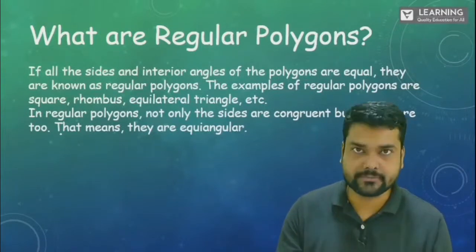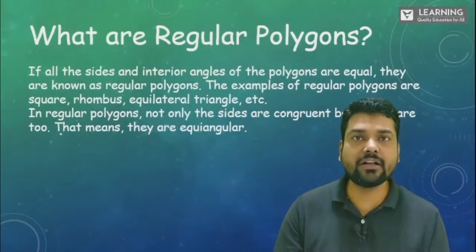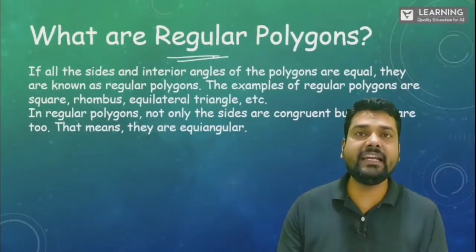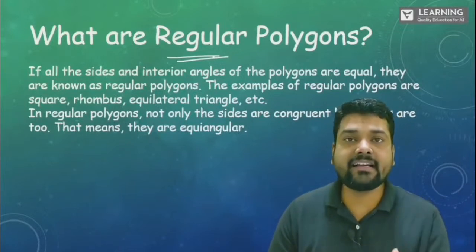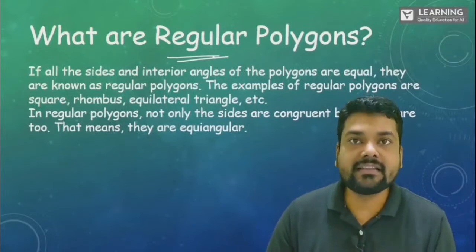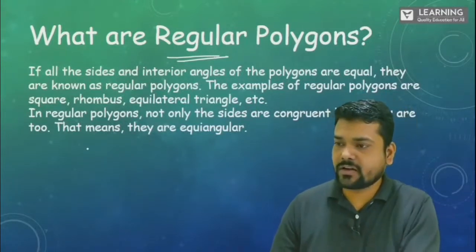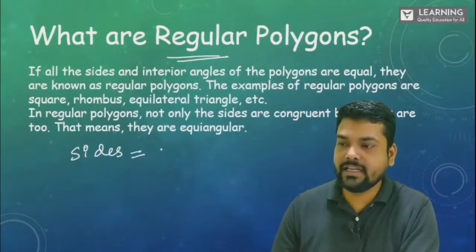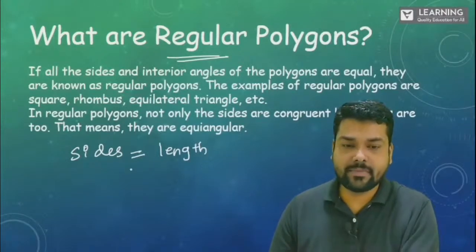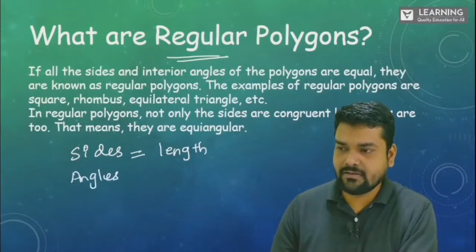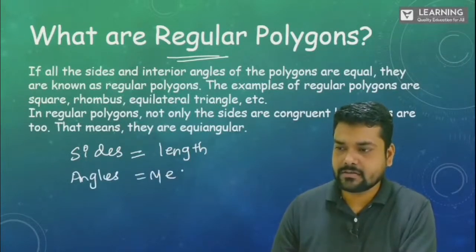But a regular polygon means that all the angles and all the sides are equal. Sides will be equal in length. Angles will be equal in measurement.